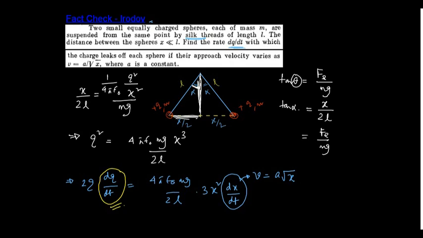Again, the idea that I have employed over here is a simple idea: I have just substituted tan alpha is equal to Fe by mg. When I substitute Fe by mg, I get a specific value of q square. Then after getting q square, I am simply differentiating and getting the answer. I hope it is clear to everyone. Okay, so let us move on to the next question.